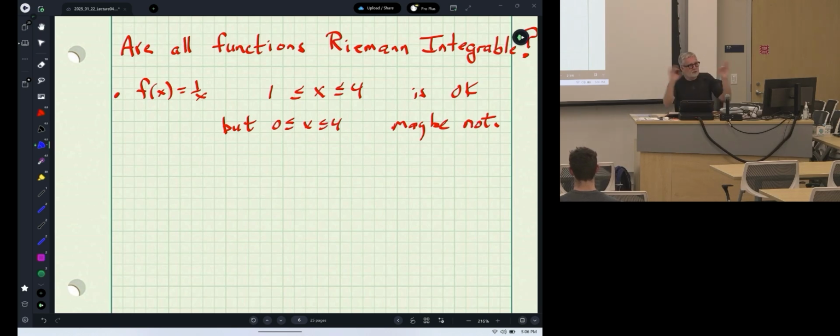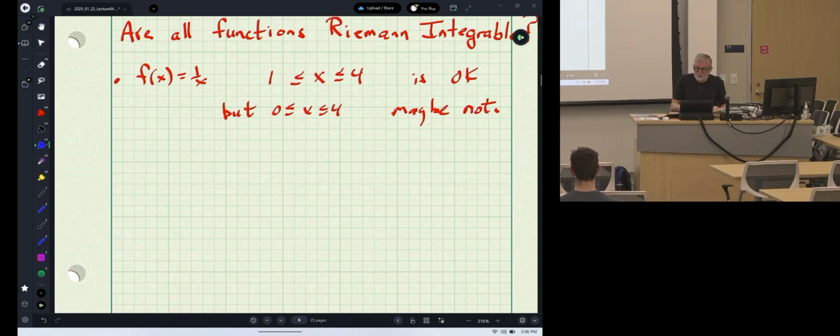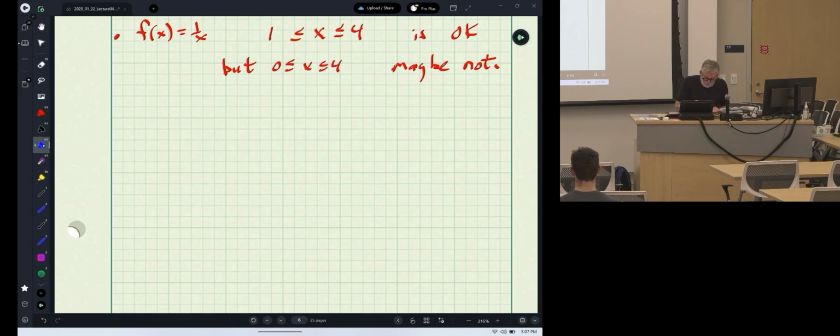How about a function that stays bounded all the time? Anybody got one in there? Ooh. Okay. Let's consider this one.